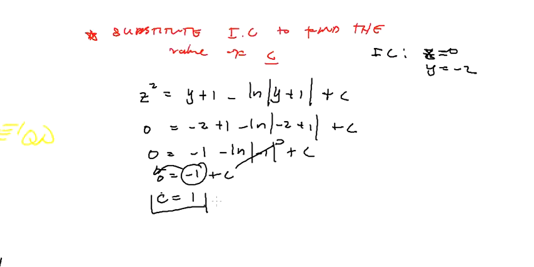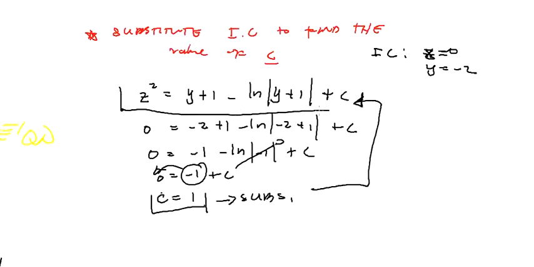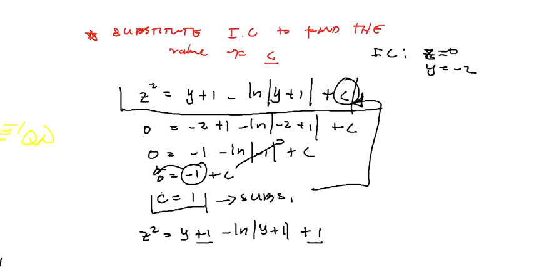And substituting the value of our constant of integration c into our general solution, we have z squared is equal to y plus 1 minus ln of y plus 1 plus the value of our c, which is 1. And as you can see here, we can now add all the constants.